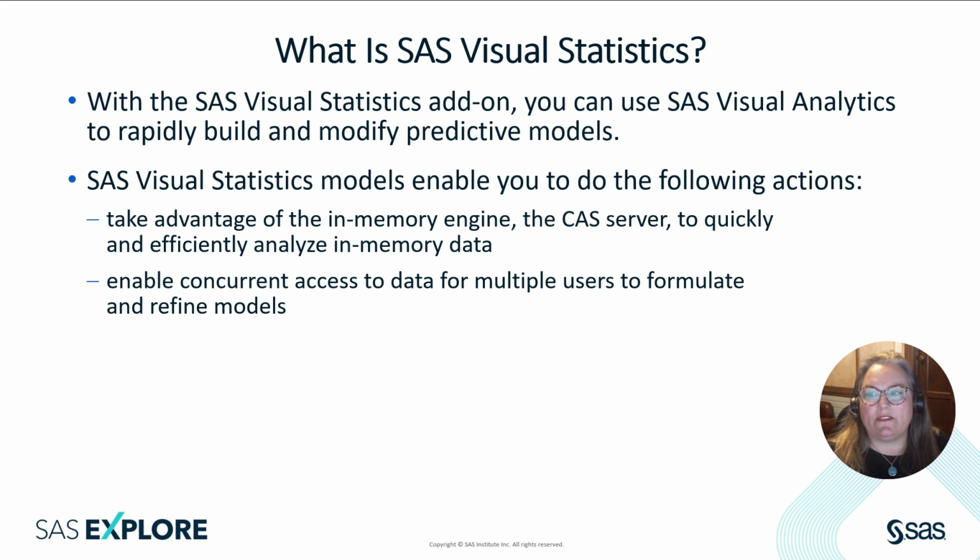This gives us access to the CAS server, which is running behind the scenes, that can quickly and efficiently analyze our in-memory data. It allows for concurrent access for multiple users, so it's not just one person at a time. You can have multiple people working on the platform at the same time.